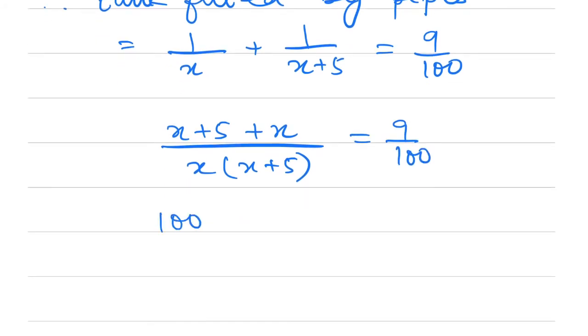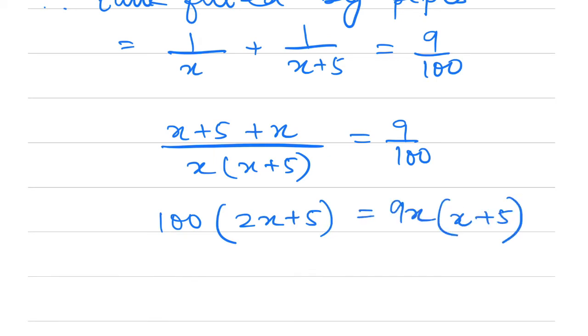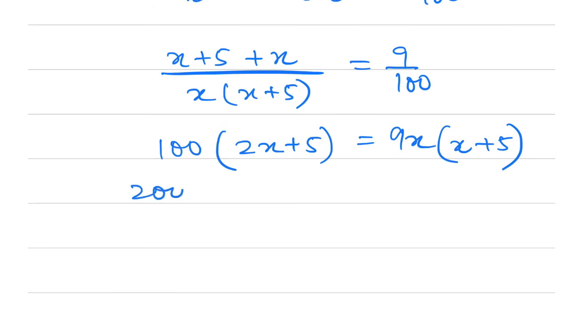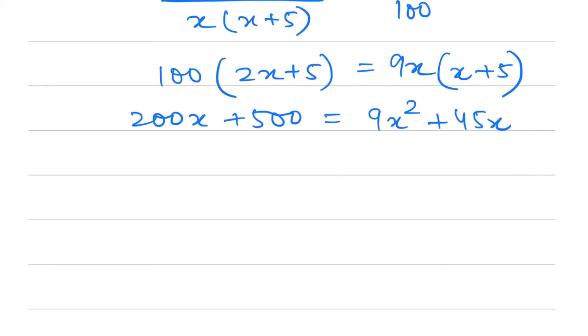So we have 100 into 2x plus 5 is equal to 9x into x plus 5. So this is 200x plus 500 is equal to 9x square plus 45x. Taking everything on the right hand side, we have 9x square minus 155x minus 500 is equal to 0.